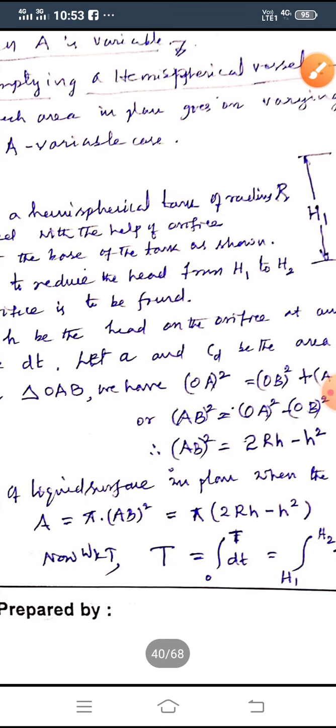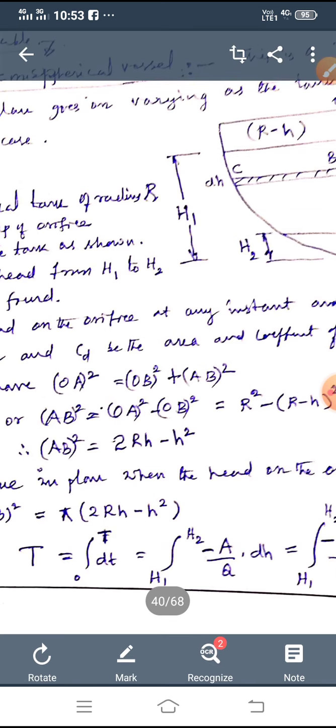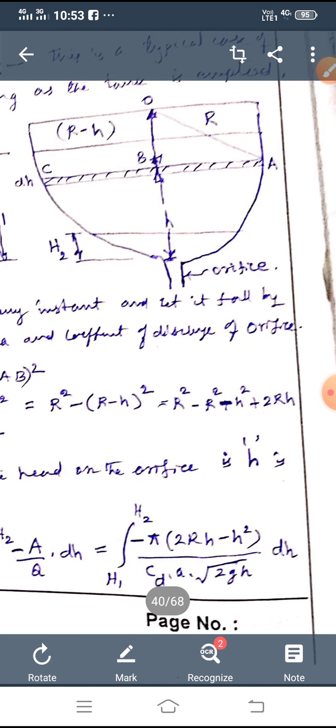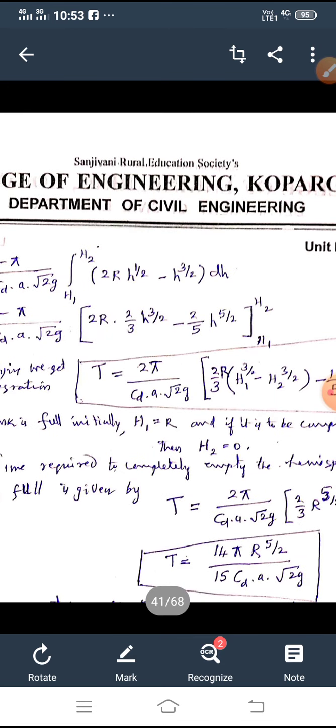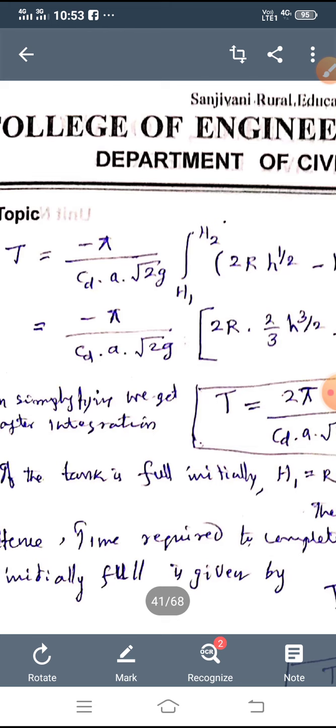Now, using the general equation, T is equal to integral 0 to T dt, that is equal to integral H1 to H2 of minus A upon Q dH. Substitute the value of A as pi (2RH minus H squared) divided by the Q value Cd a root 2gH. Now, the next step is to take the constants outside the integral.